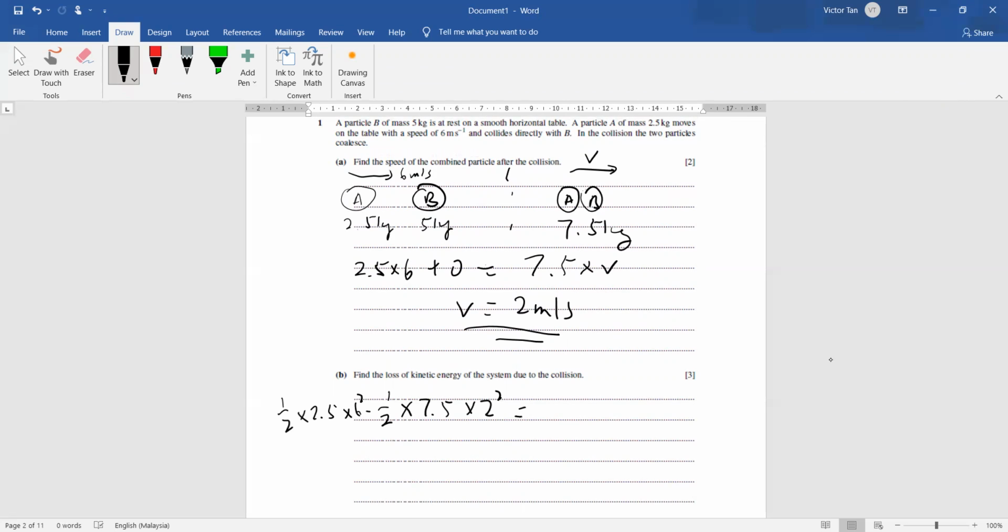That equals 18 times 2.5, 45, minus 2 times 7.5, 15, which equals 30 joules. That's the answer.